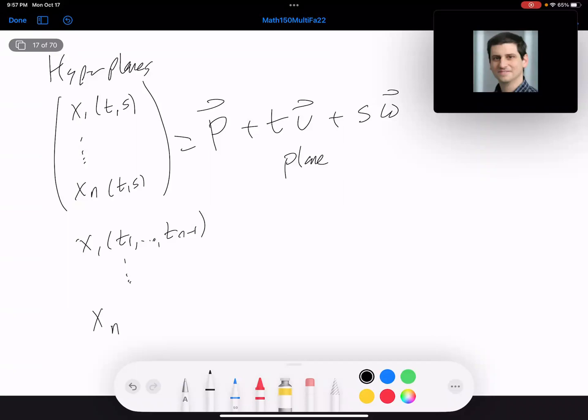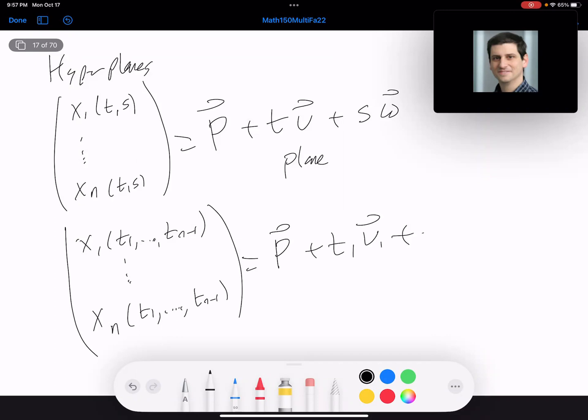It would be P plus t1 V1 plus all the way down to t(n-1) V(n-1). We talked about a cube in three-dimensional space, and that would basically fill out the whole thing, with a third term like rU. Normally you want to work with something of smaller dimension, so this would be one dimension less.